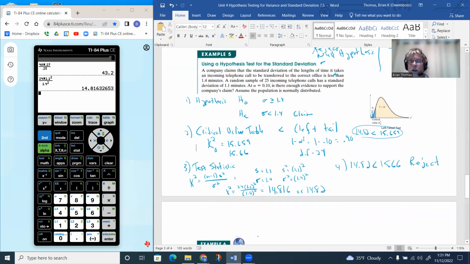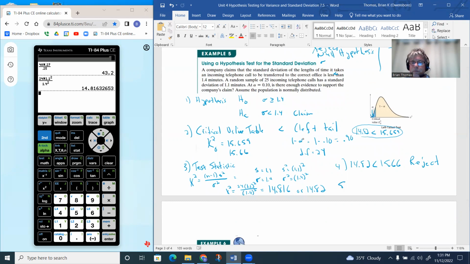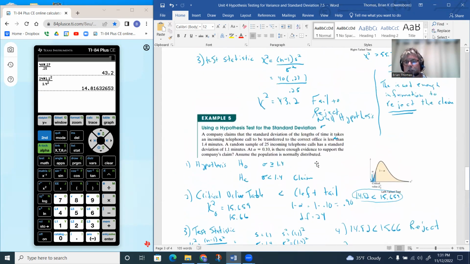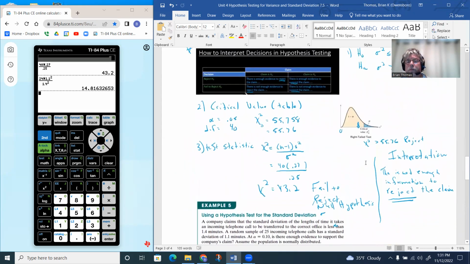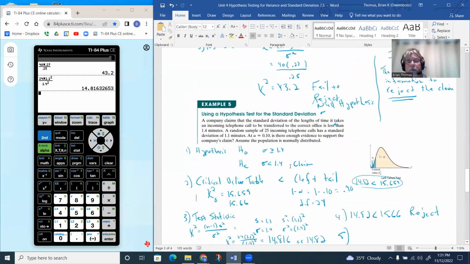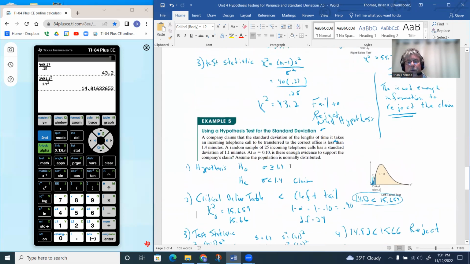So again, in our conclusion, what was our claim? Our claim was actually the alternative hypothesis, so we should be using this word support.